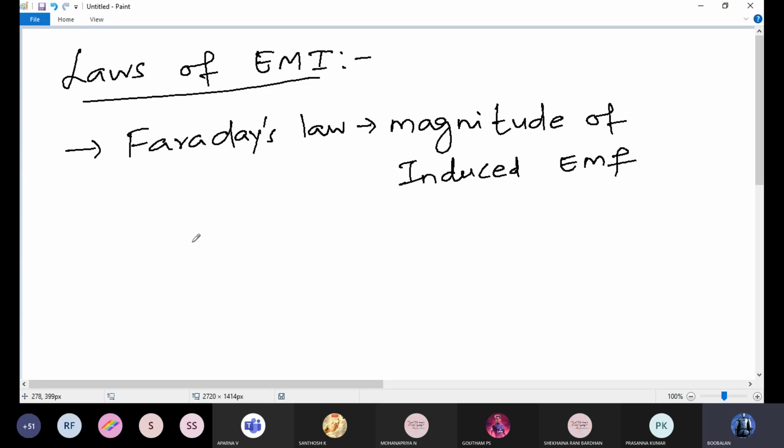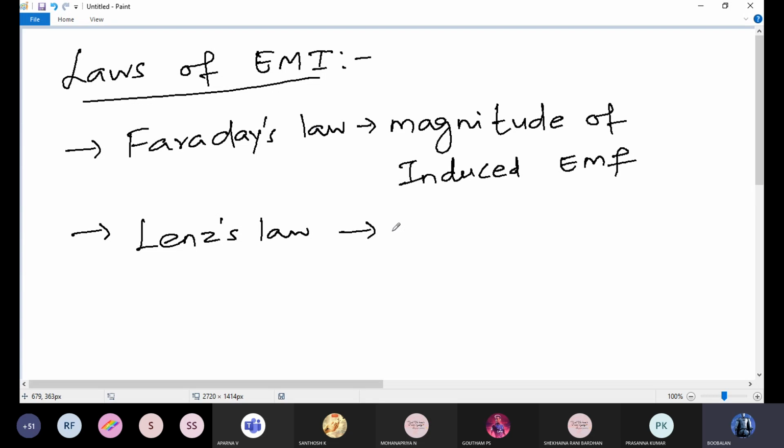Okay. Second one, Lenz's law. For what purpose are we using Lenz's law? It will give the direction of the induced EMF, whether it is anti-clockwise or clockwise.